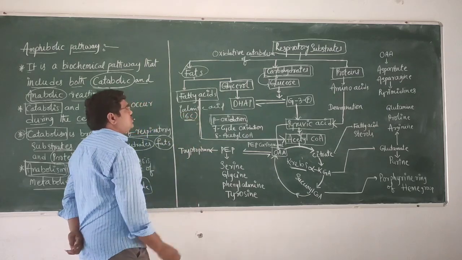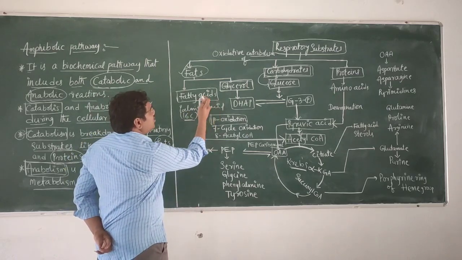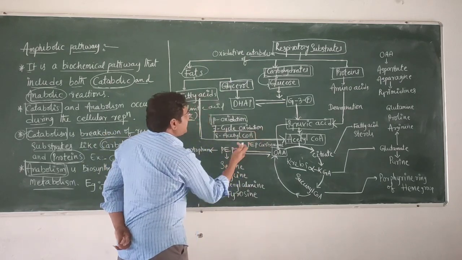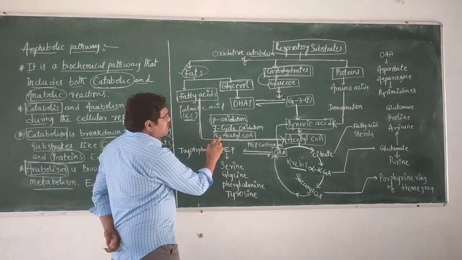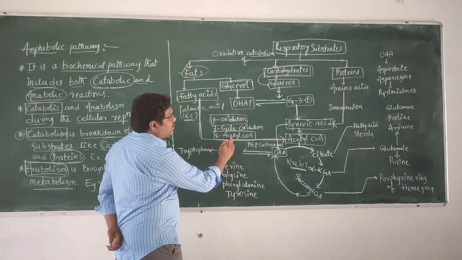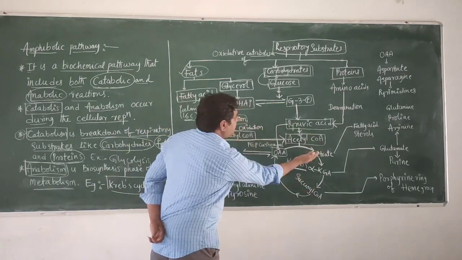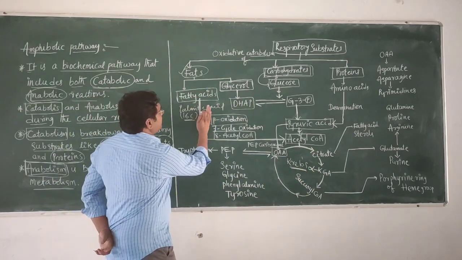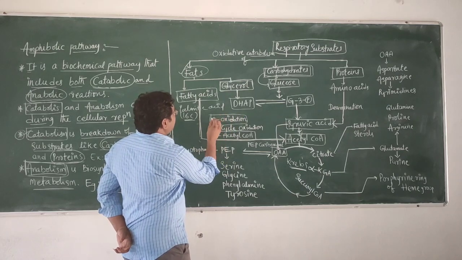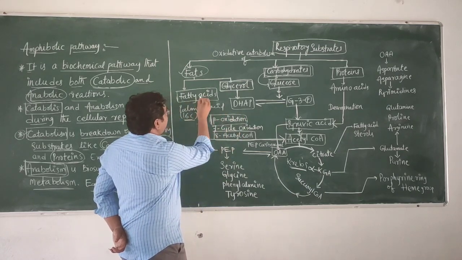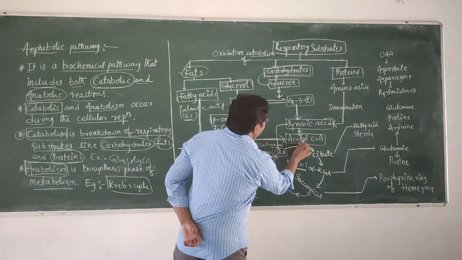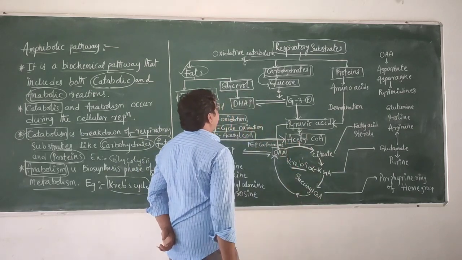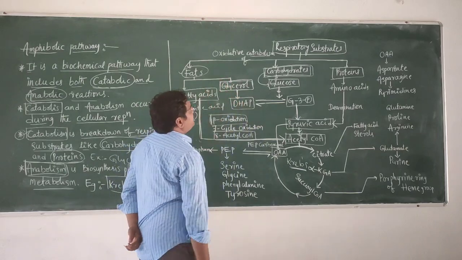When palmitic acid undergoes oxidation, 8 acetyl-CoA molecules are formed, which enter 8 cycles of the Krebs cycle. During beta oxidation, fatty acids are converted into acetyl-CoA. This is the breakdown of fats.